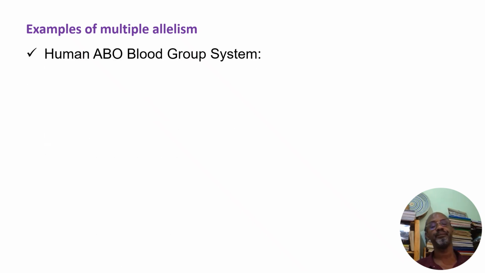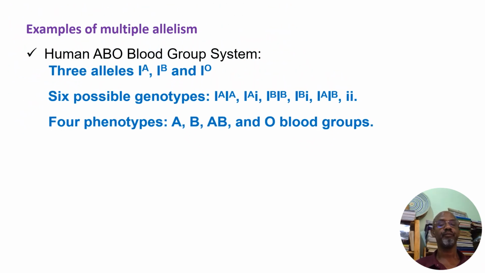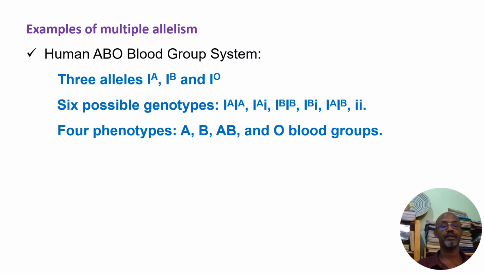A typical example of multiple allelism that comes to our mind immediately is the human ABO blood group system. Three alleles represent this genotype, the IA, IB, and IO. Six possible genotypes are there: IAIA, IAIO, IBIB, IBIO, IAIB, IOIO, or simply you can write it as described here, with a small i.